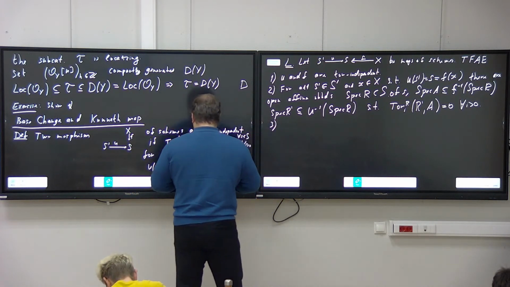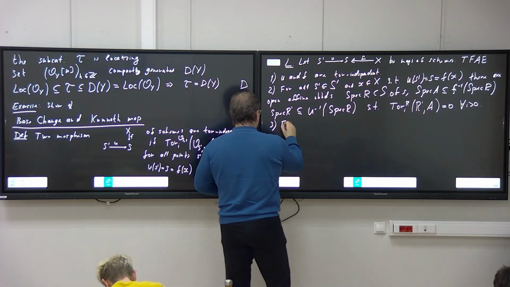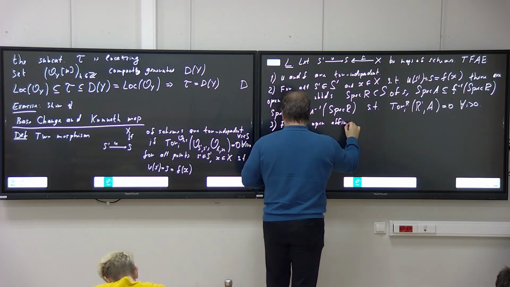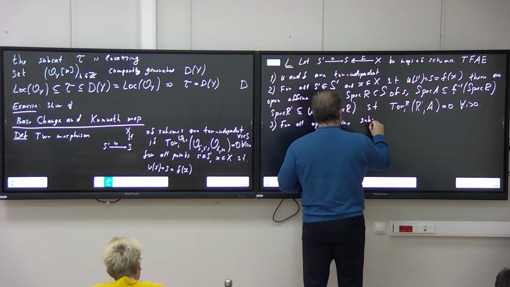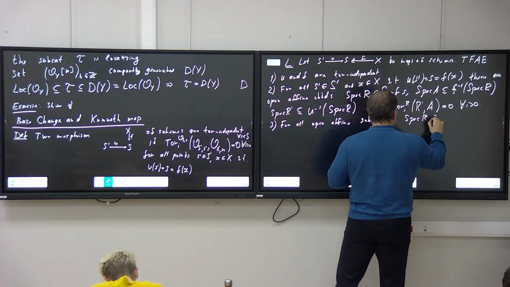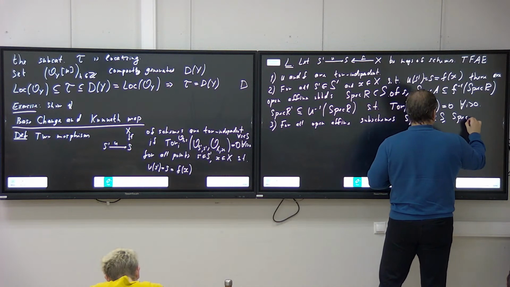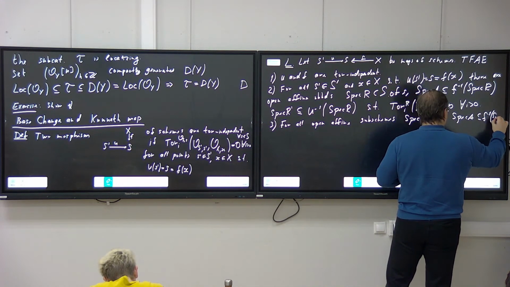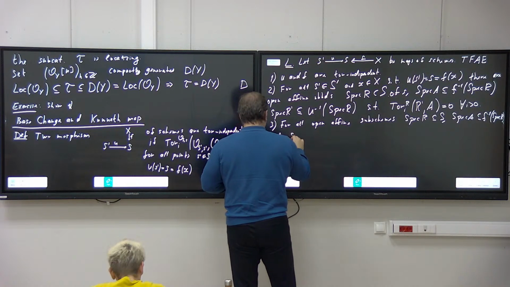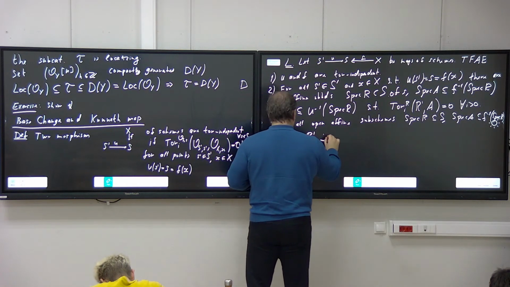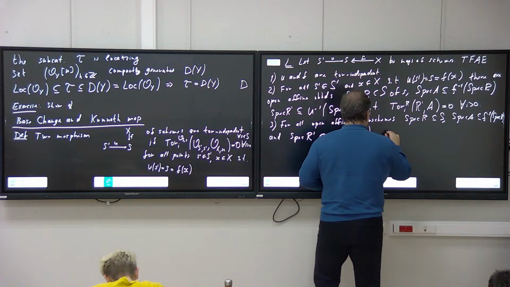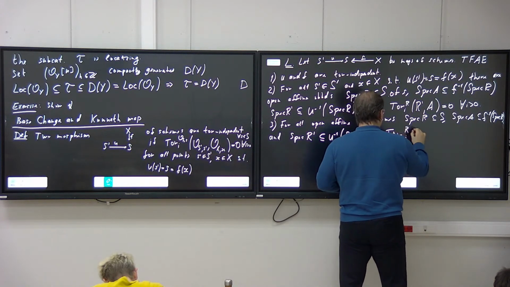And condition 3: for all open affine subschemes Spec R in S, Spec A in the inverse image of Spec R under the map F, and Spec R prime in the inverse image of Spec R under U, the condition with the Tor, as before, is satisfied.